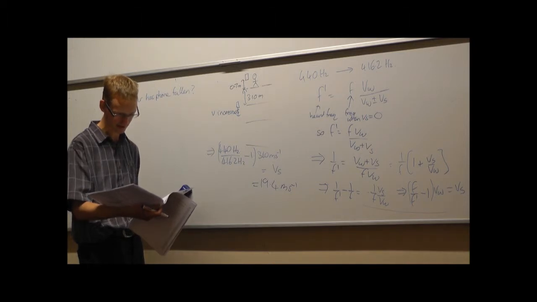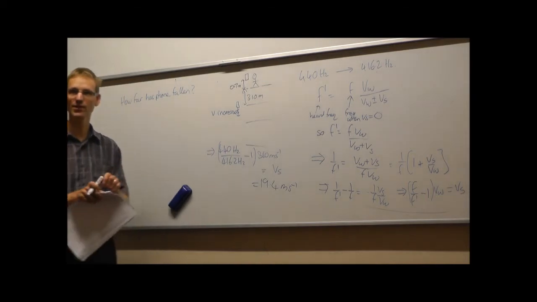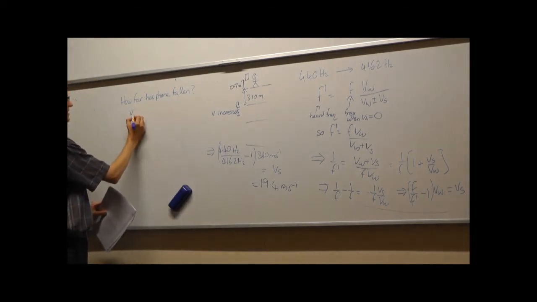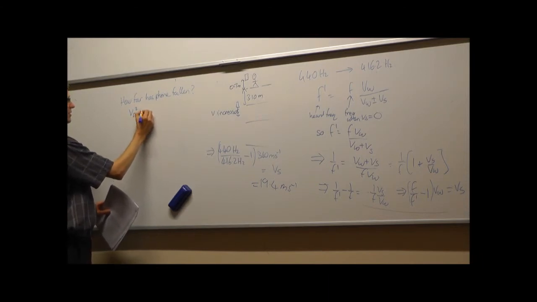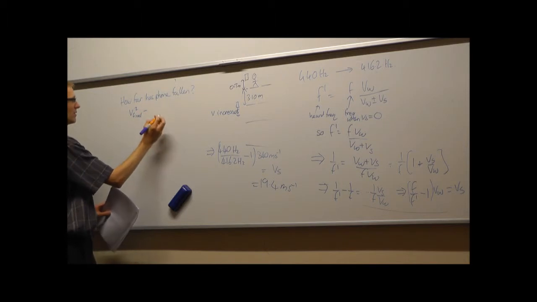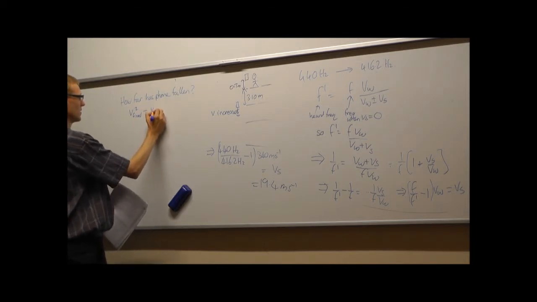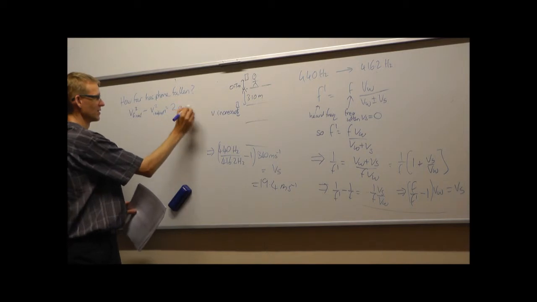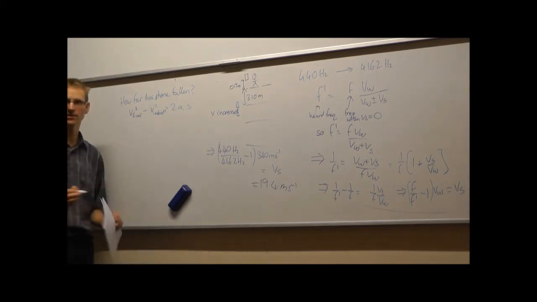So V final squared minus V initial squared equals 2 times your acceleration times your distance.